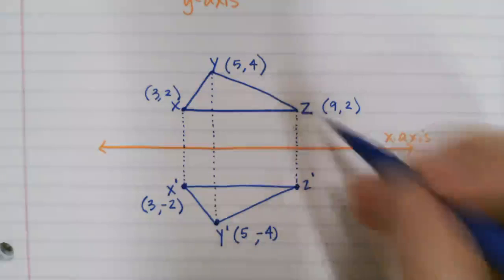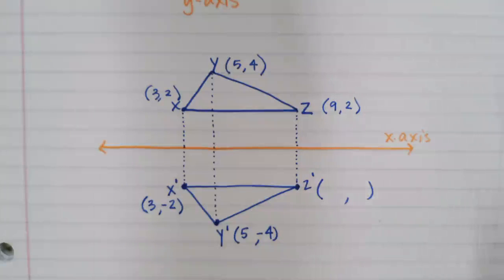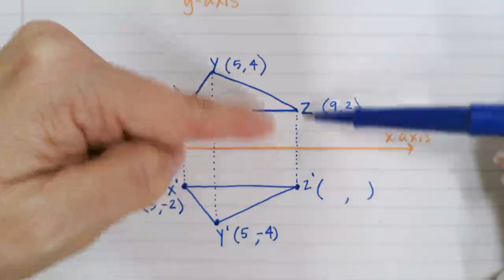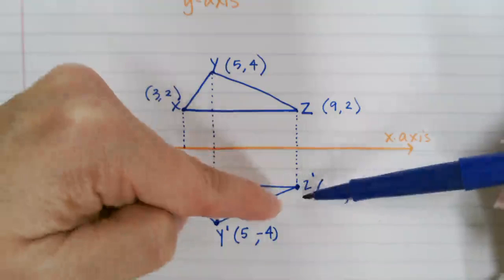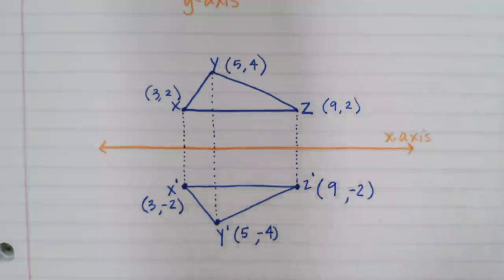All right, and then for z, the ordered pair for z prime. Well, again, if z is 2 spaces up, its reflection would be 2 spaces down, but I'm not moving right or left.